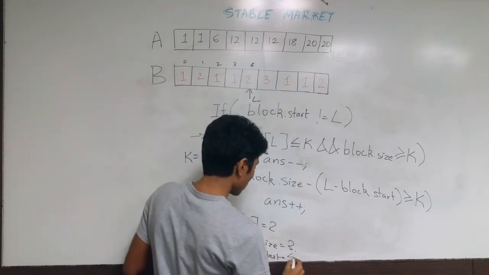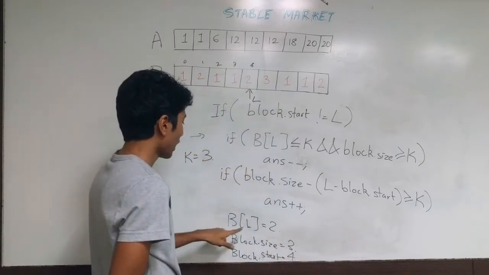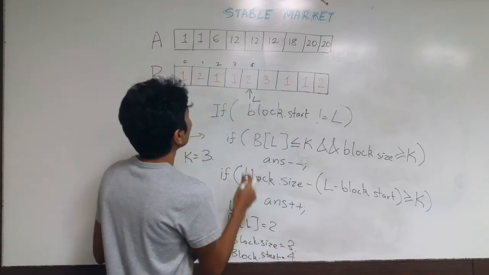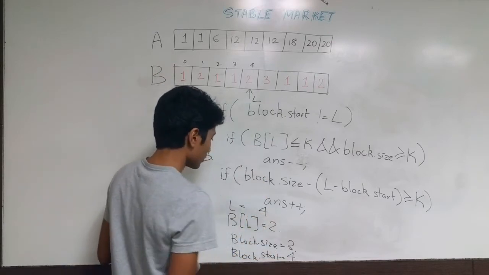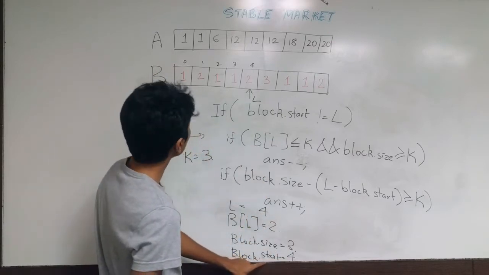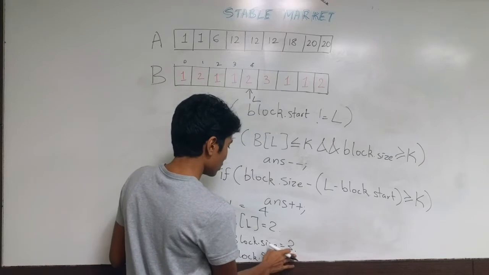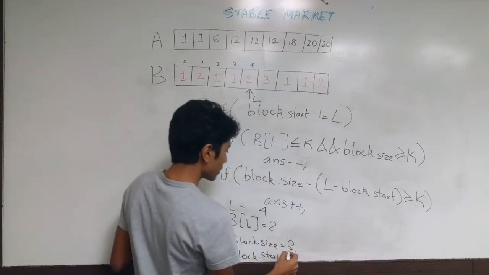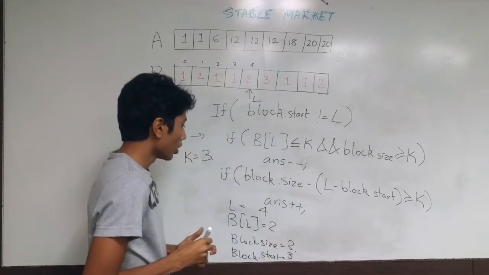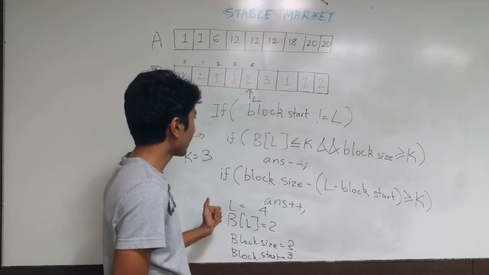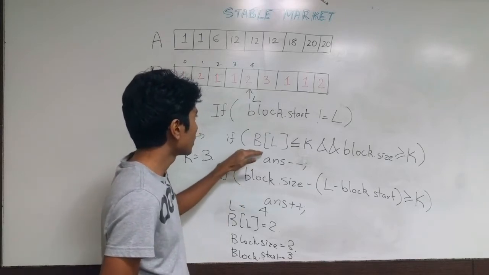Yeah, 4. Okay, and L is equal to 4 again. In fact, no, block.start is 3. So block starts from this index 3. Okay, so these are the things that we have, and now our program goes like this.